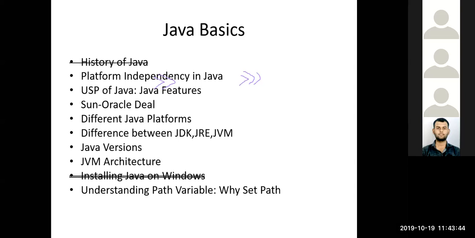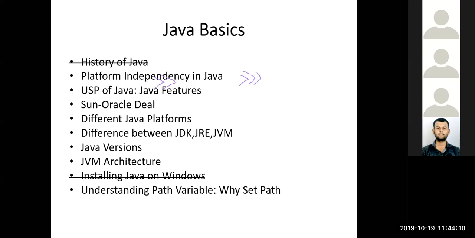Whereas in the case of Java, Java is architecture neutral, and that architecture neutral thing is what we call platform independent. That means you can create your Java program in one place and execute it on different environments, different operating systems.